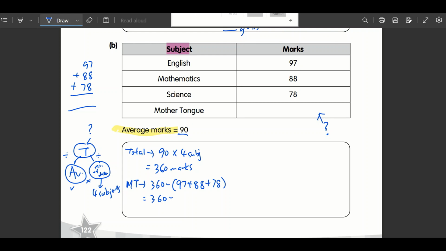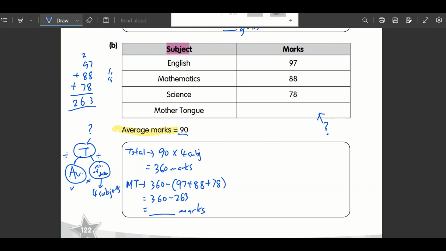So I have 78, 15, and then over here 23, and then I have 11 and 15, that's 26. Okay, so English, Maths, and Science add up together to give me 226 marks. And I subtract it, that'll give me my answer for mother tongue.